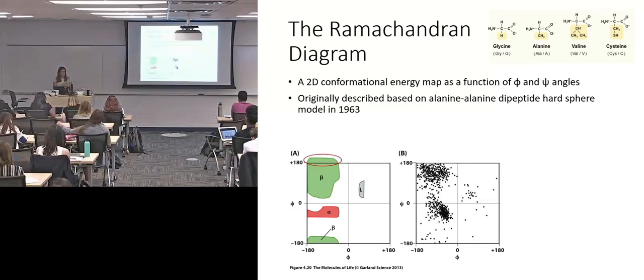impossible. So Ramachandran looked at an alanine-alanine dipeptide to start assembling his diagram. Why alanine-alanine? Why not glycine?